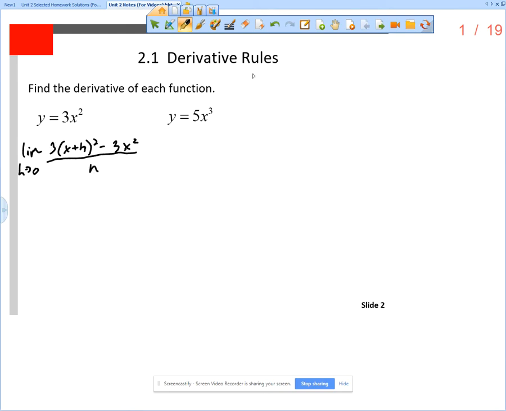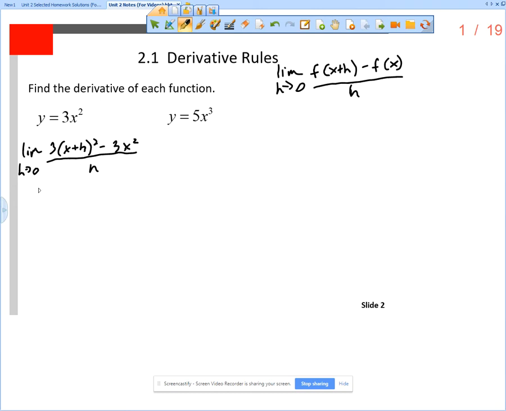So remember, this is the limit as h approaches 0 of f of x plus h minus f of x over h. Now, what does this find? This finds the derivative at x, at any value of x.